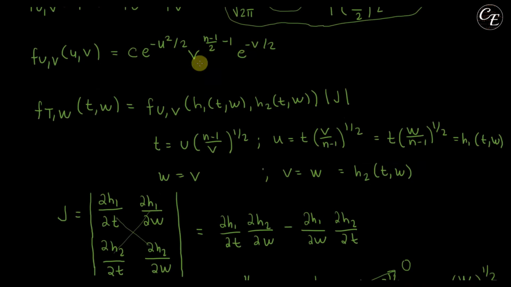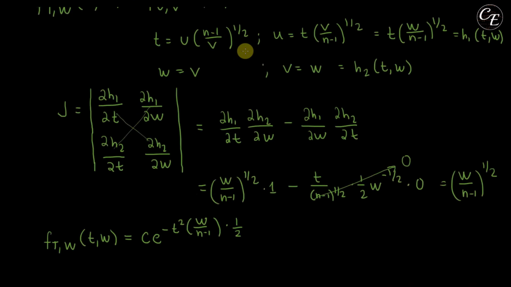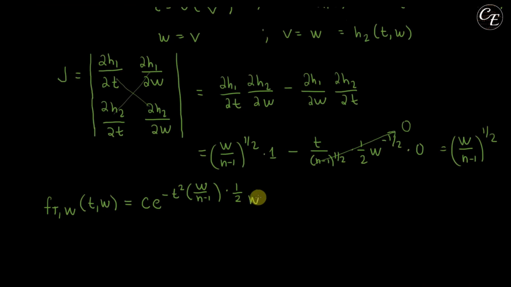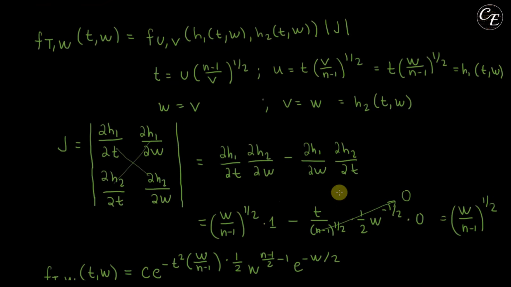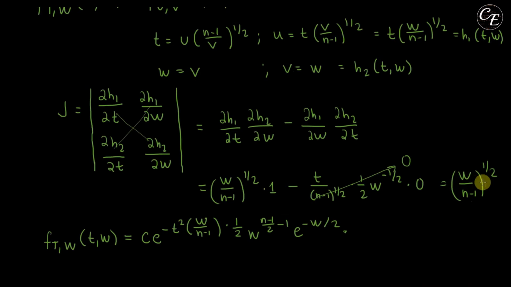Then we substitute w for v: w raised to n minus 1 over 2 minus 1 times e raised to negative w over 2. Then we have the absolute value of the Jacobian. We can distribute the 1/2 for each term, so we have w raised to 1/2 over n minus 1 raised to 1/2.